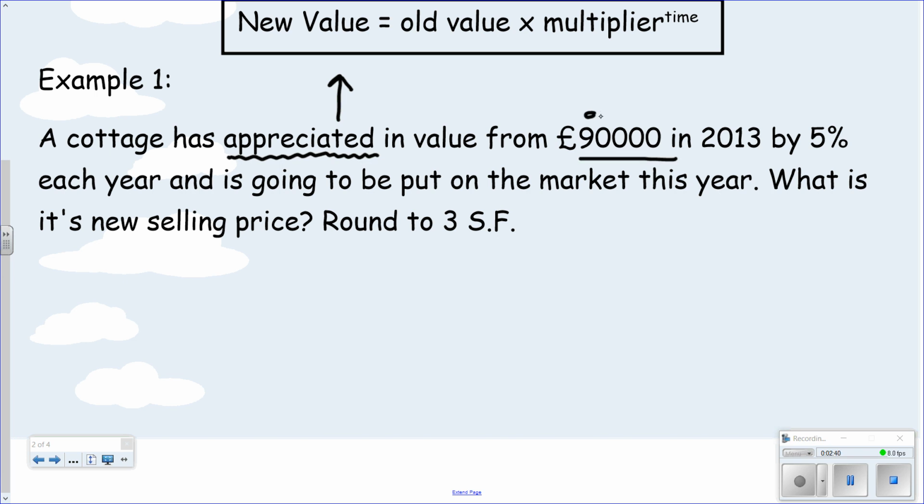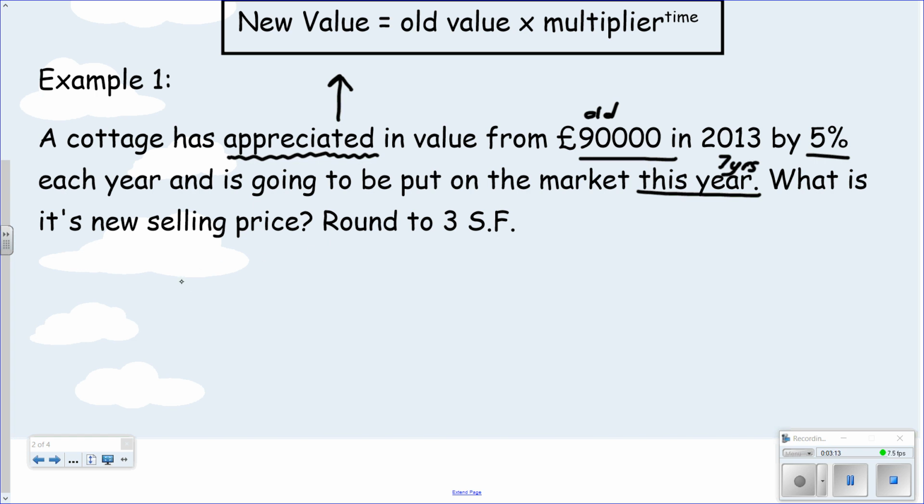The percentage here is 5%, and the time is, well, we're going from 2013 and it's going to be put on the market this year, so that's up to 2020. So the time element I can work out would be 7 years. The question is, what is the new selling price?